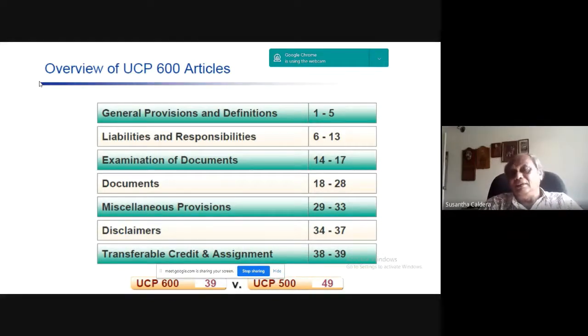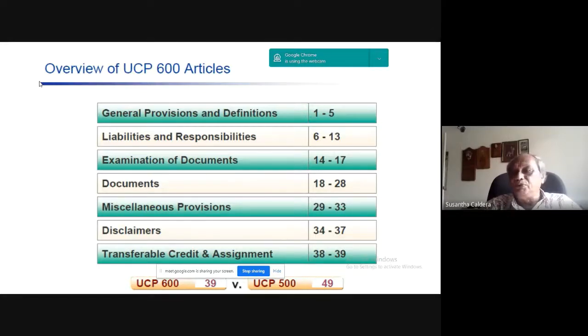Then one of the most important articles in UCP 600 for a trade specialist is Article 14, examination of documents, and Article 16, rejection of documents. Then Articles 18 to 28 cover documents, inclusive of transport documents.